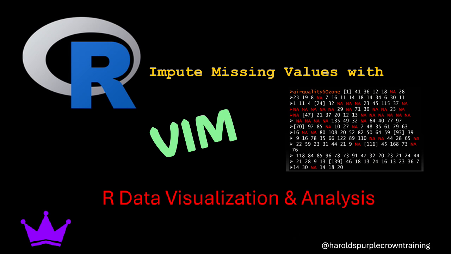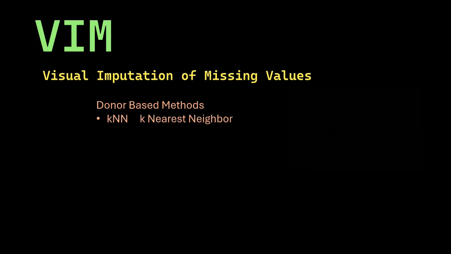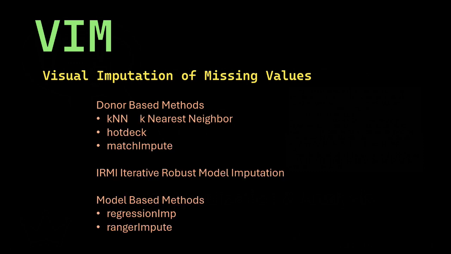So let's get started. Just explain the methods. VIM, visual imputation of missing values, has three base methods: the donor-based methods, IRMI, which stands for Iterative Robust Model Imputation, and the model-based methods.